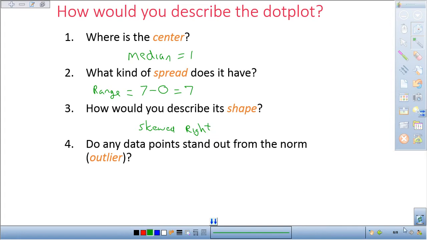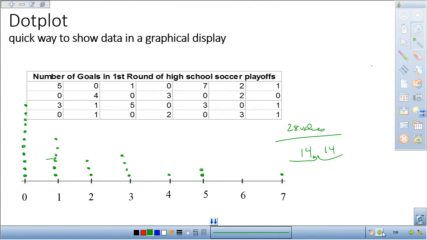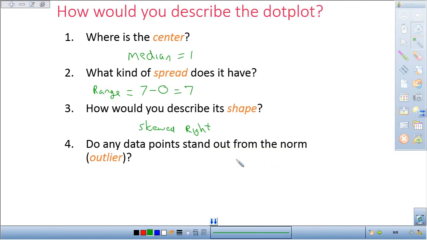And do any data points stand out from the norm? Right now, 7's pretty far out there. So 7 is a possible outlier. Now again, we'll talk about a mathematical formula for that later, but for right now we'll just say that's a possible outlier. And there we go. Four ways we describe the center, the spread, the shape, and the outliers to describe the distribution.